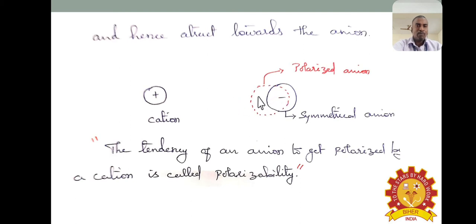This type of moving of the electron cloud is called polarization. When we add cations, the electron cloud present on the anion moves towards the cation. This process is called polarization. The tendency of an anion to get polarized by a cation is called polarizability.